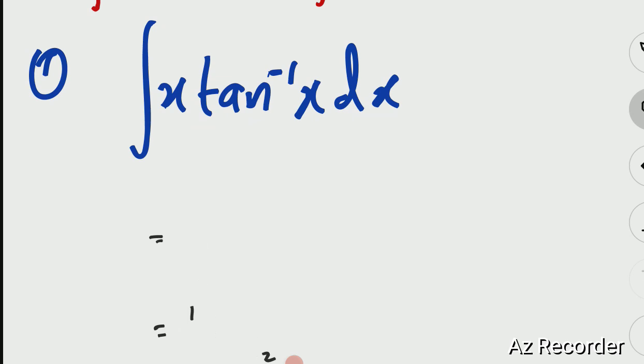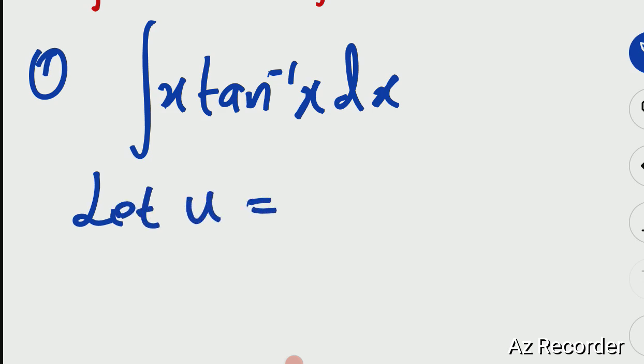Sorry, let me erase this. So to integrate this, we are going to choose the correct substitution. Say let u equals, when we are following the ILATE, you see that inverse trigonometric comes first, which is why here we have tan inverse of x.